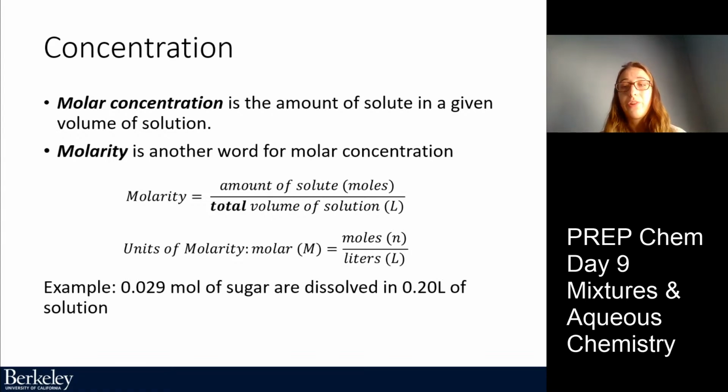So let's briefly go through an example calculation together. For example, you have 0.029 moles of sugar that are dissolved in a 0.2 liter solution. Just quickly on paper, in about 2 minutes, try to calculate this, and then we'll go through the answer.